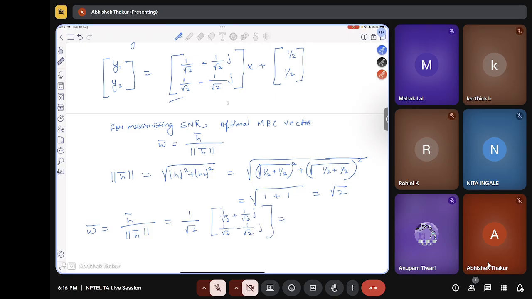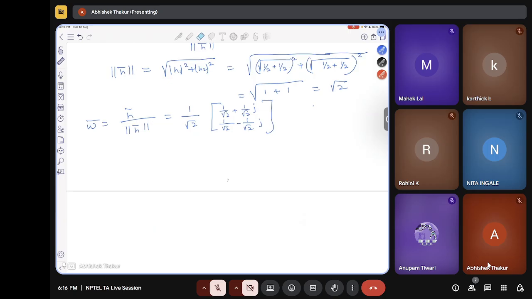So when we multiply it, we'll get 1 by 2, or let it be in this form, we will multiply it later.